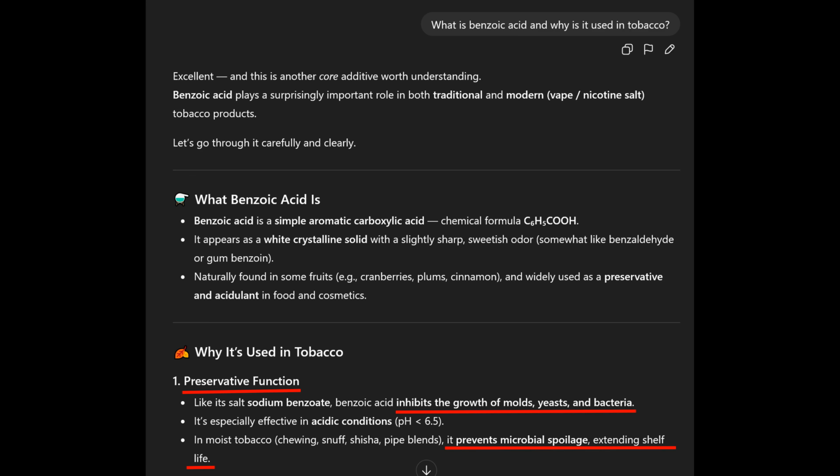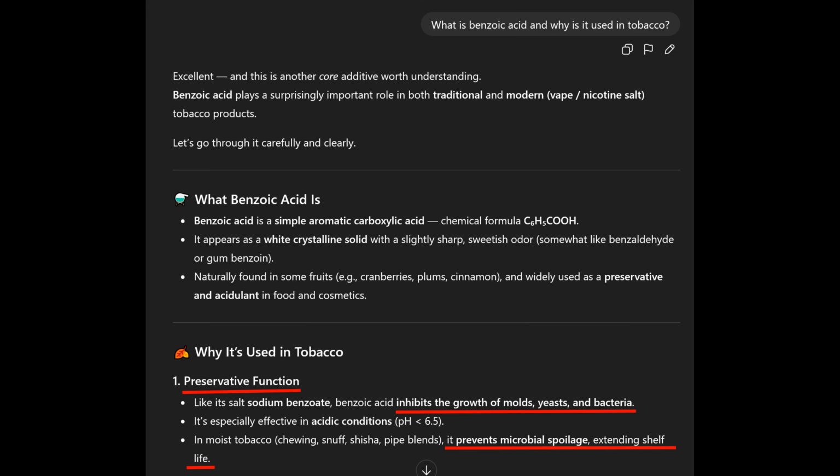It is used as a preservative, okay? It inhibits the growth of molds, yeasts, and bacteria. It prevents microbial spoilage, extended shelf life.